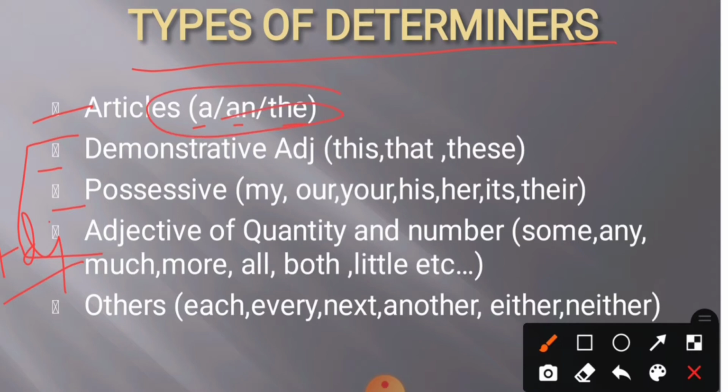And this is the article over here, a, an or the. So we have articles, demonstrative adjective, possessive adjective, adjective of quality and number, and other words such as each, every, next, another, either, neither. This all comes into the types of determiners. So we have almost six types of determiners I have given you over here.